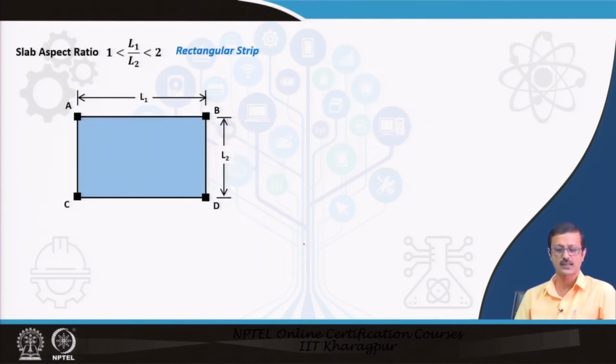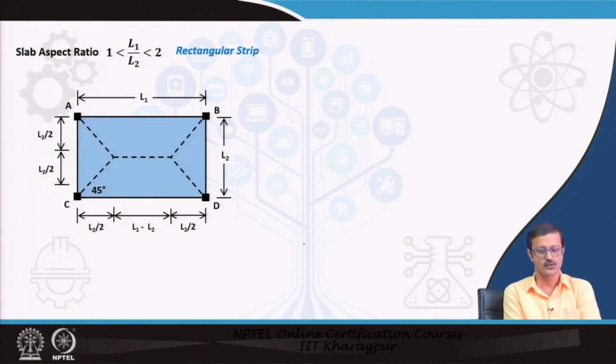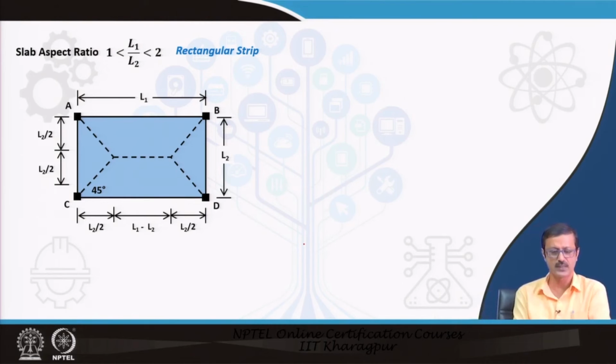So if it is rectangular, if L1 by L2 is in between 1 and 2, it is a rectangular kind of strip, then the tributary area is like this. So now everybody has some kind of contribution. These shorter ones, BD and AC, will have a triangular contribution, whereas the longer ones, AB and CD, will have a trapezoidal contribution.